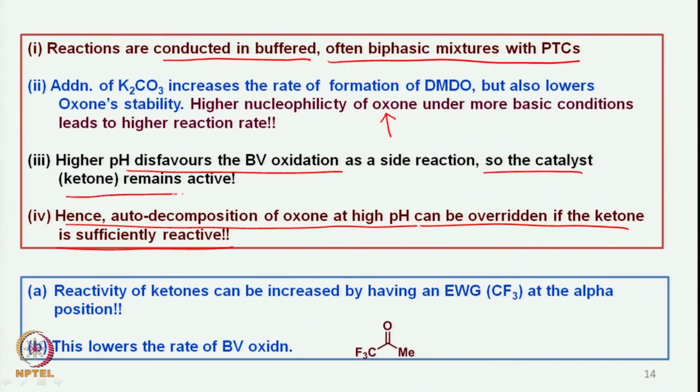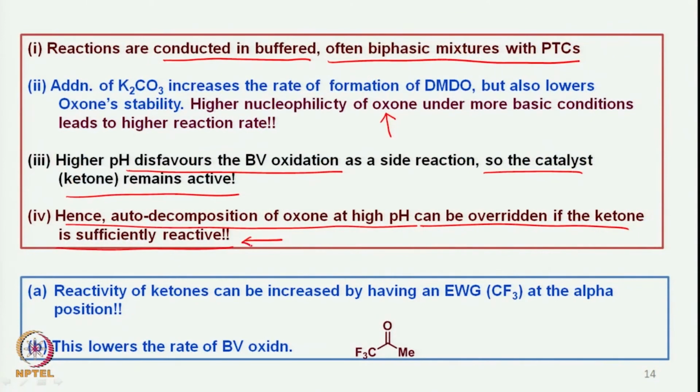So, basically you start with the ketone and make the dioxirane, but then you have to use basic conditions, and if we increase the reactivity of the ketone, then the possibility of Baeyer-Villiger oxidation is less.